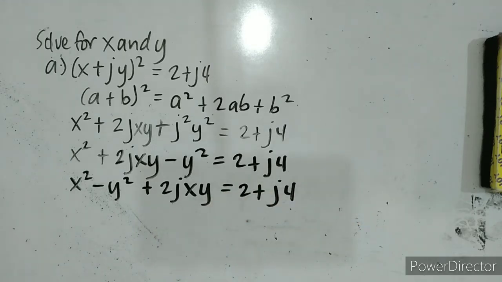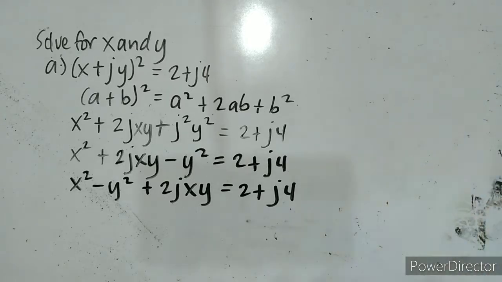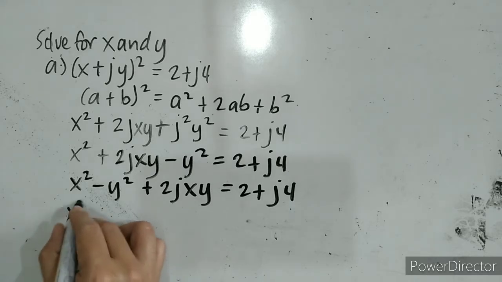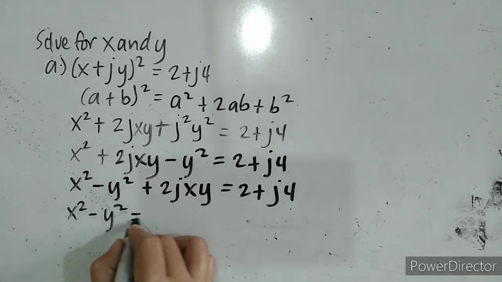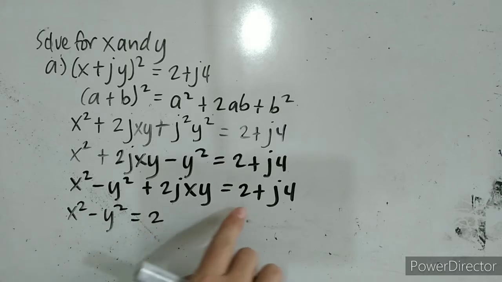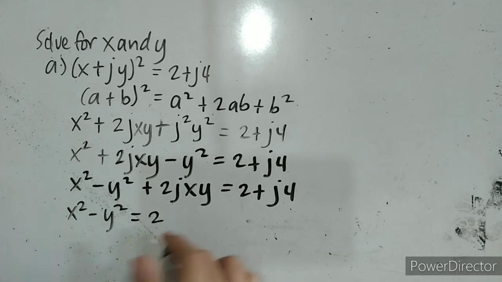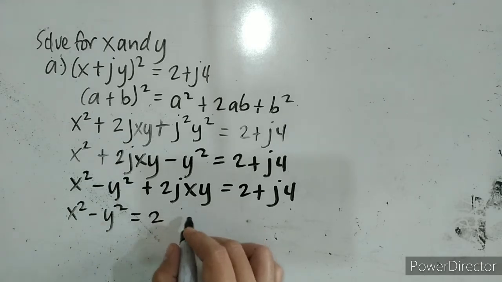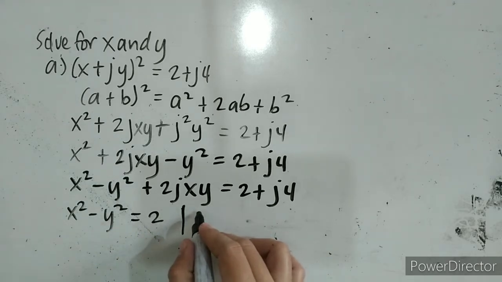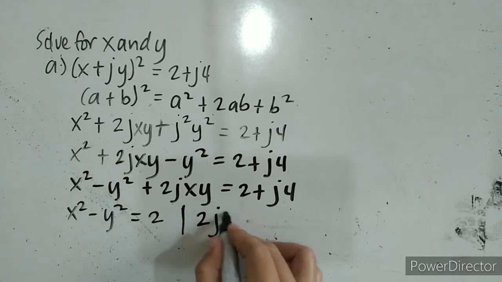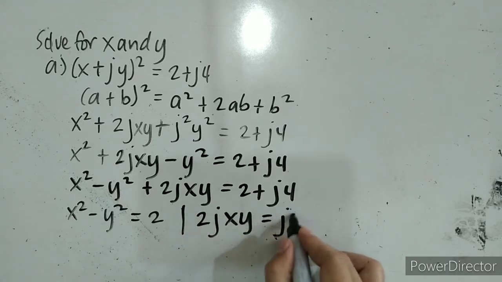We now equate the real part with the other real part and the imaginary part to the other imaginary part. So we have x squared minus y squared. Using Theorem 2, this is equivalent to 2 because this is the real part having no imaginary number, and the other one is 2jxy equals j4.